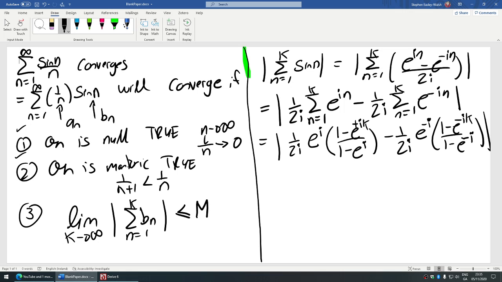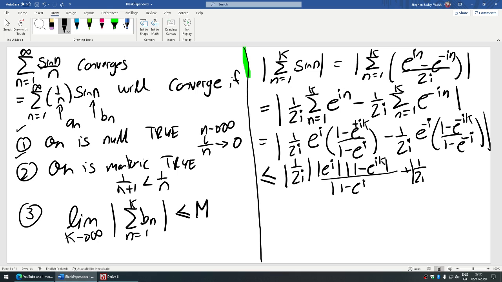Okay, so for complex numbers this will be less than or equal to the absolute value of 1 over 2i times the absolute value of e^i times the absolute value of 1 minus e^(ik) over the absolute value of 1 minus e^i, plus the absolute value of 1 over 2i, then the absolute value of e^(-i), then the absolute value of 1 minus e^(-ik), and then all over the absolute value of 1 minus e^(-i).